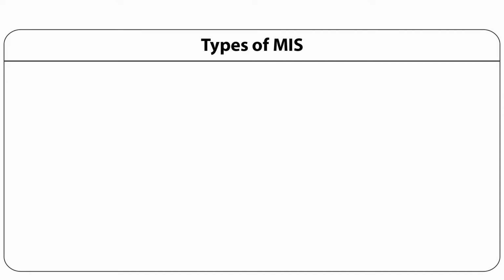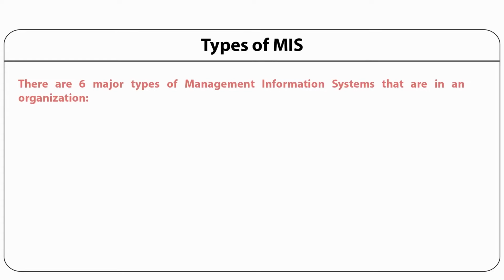Types of MIS. Over the years, MIS have been refined and many types of MIS are visible in various organizations. In fact, there are 6 major types of information systems that are seen in an organization. Firstly, executive support systems.